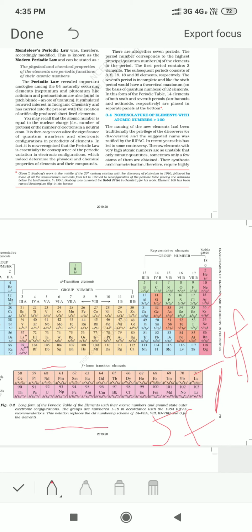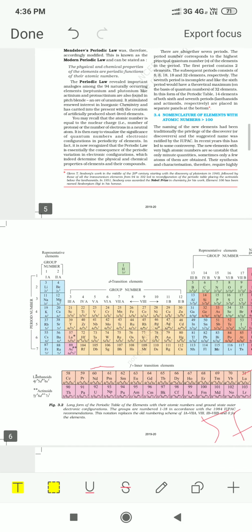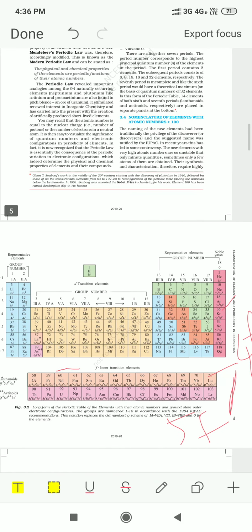Now coming to the number of elements present in each period. If we look at the periods, that is the horizontal rows, the first period has two elements, hydrogen and helium.